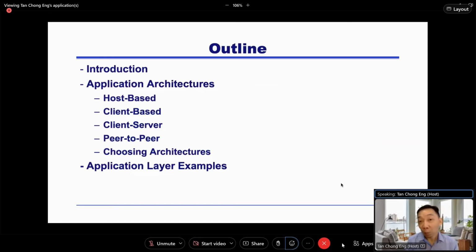The user can interact. You can check your mail, you can use your web browser to go to any website you like. But all of these applications are based on different types of architecture. For example, we have host-based architecture, client-based architecture, client-server, and peer-to-peer, and so on.